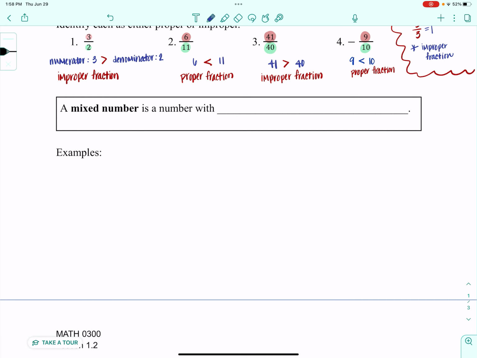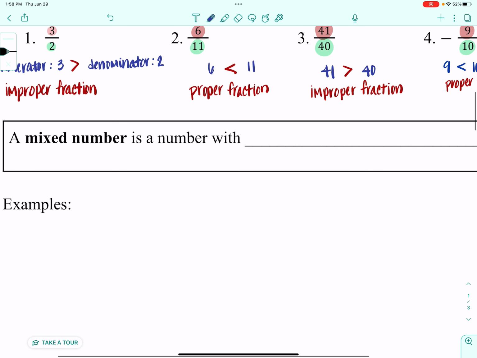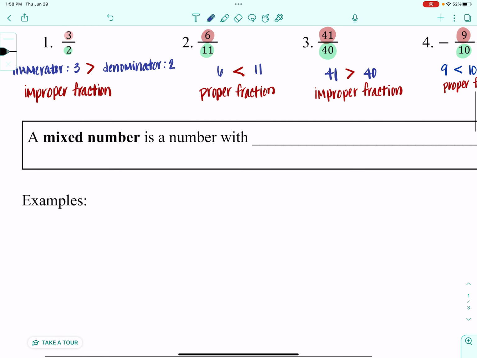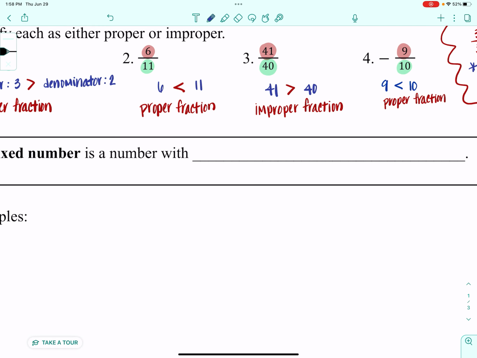Now let's go take a look at mixed numbers. That's a different type of rational number. A mixed number is the result of simplifying an improper fraction. It has a whole part or an integer part, and a fractional part.